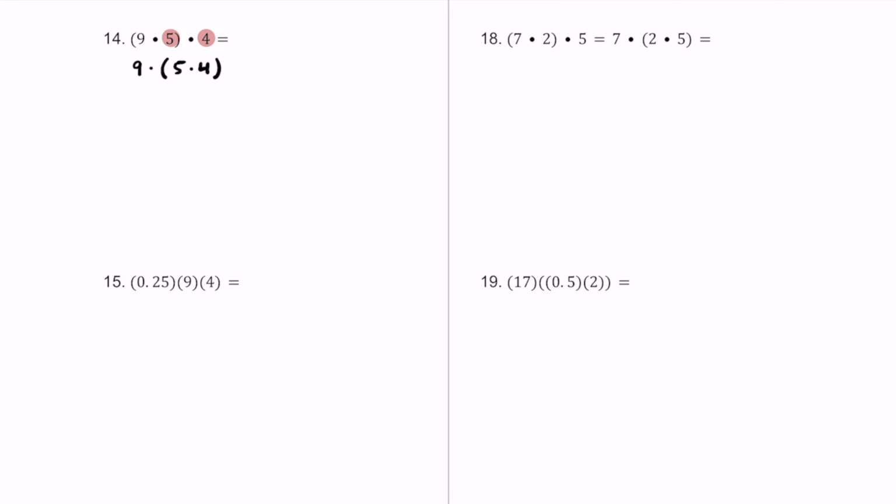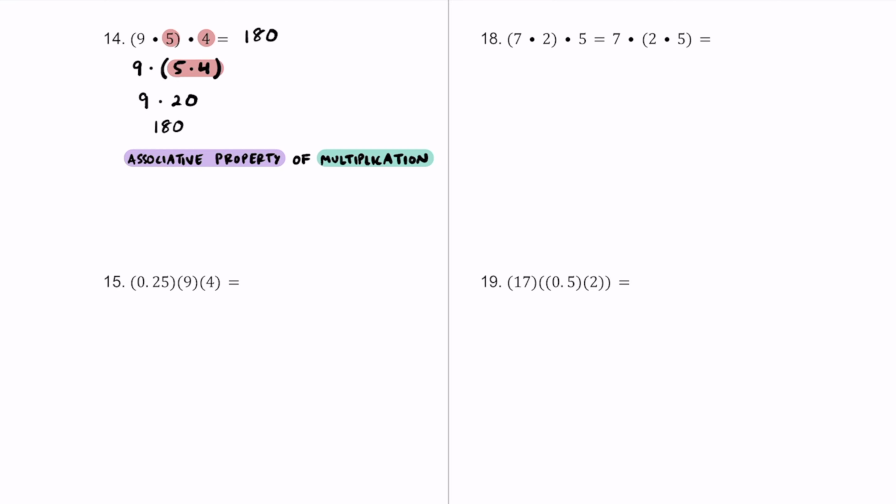We would multiply 5 times 4 first, that's going to equal 20. And then 9 times 20, that's going to equal 180. So the value of this expression is equal to 180. We started off with the parentheses around the 9 and 5, and we moved them so they're around the 5 and 4. If we changed the grouping of the multiplication, we must have used the associative property of multiplication.